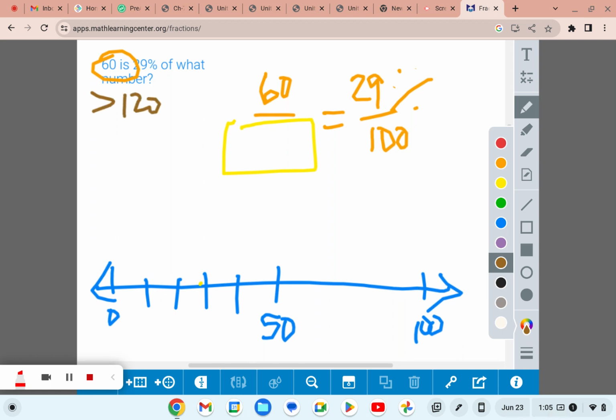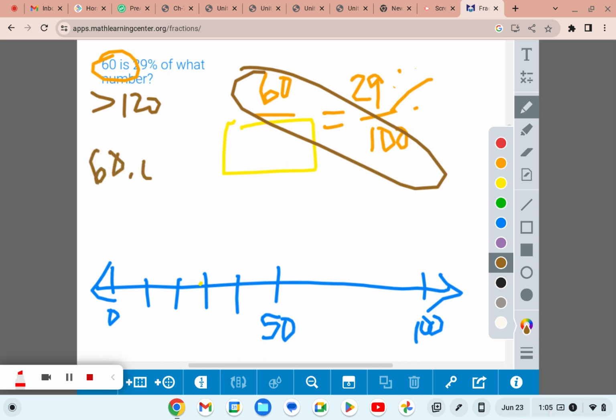Would you agree? Okay, so let's multiply 60 times 100. I know that when I multiply any number by 10, I take the number that I have, 60, and on a place value chart, I would move it one space to the left. So I would have 600.